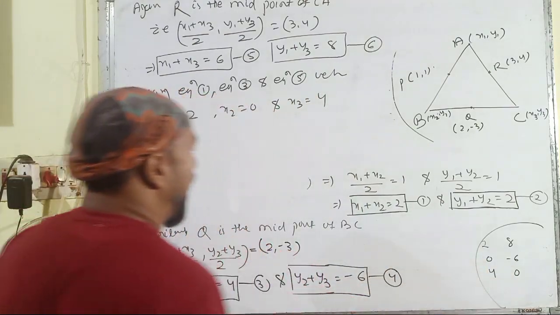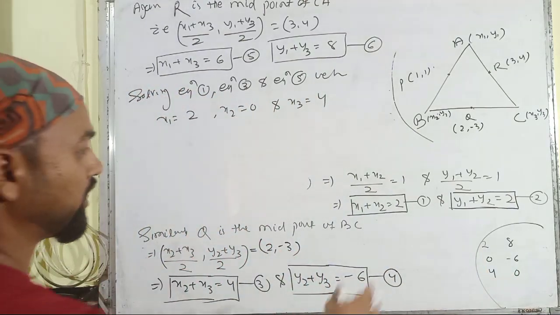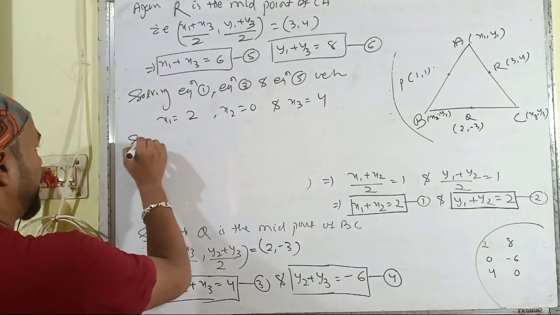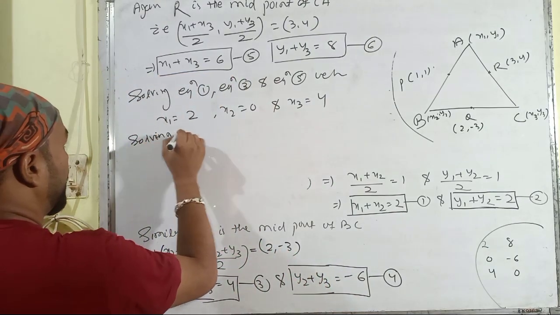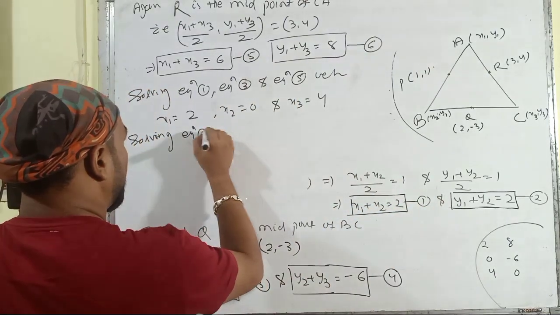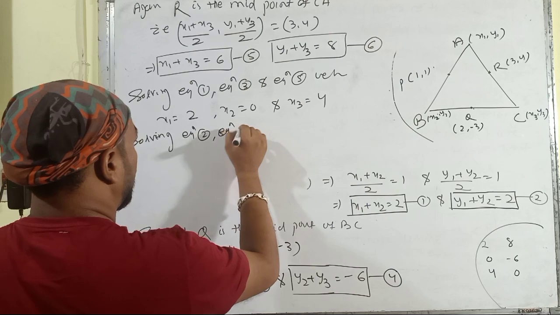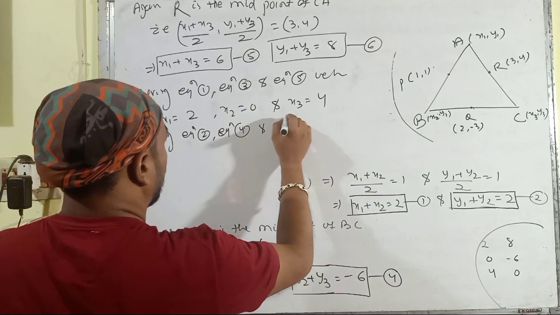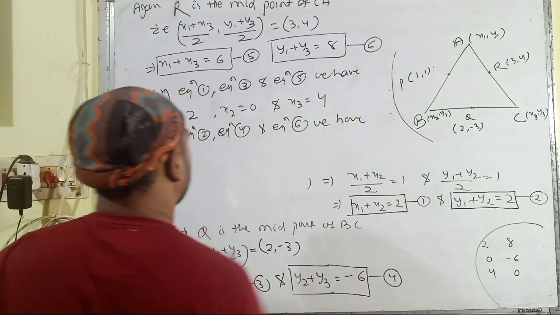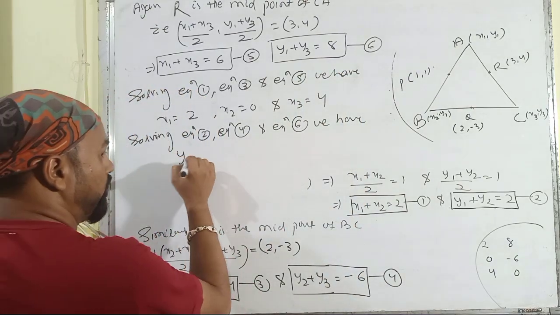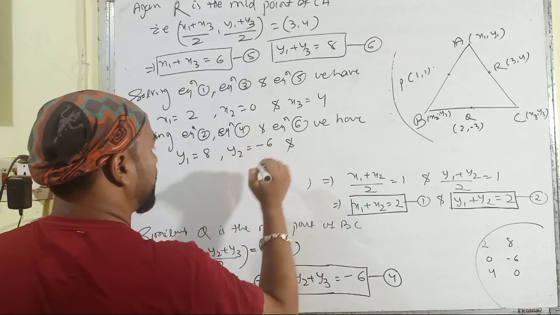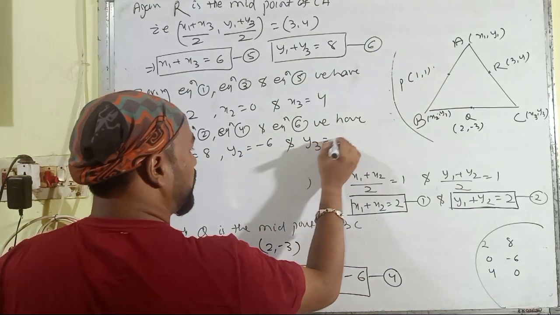I have solved this problem earlier, so I have taken this to speed up. Solving equations 2, 4 and 6, y1 is equal to 8, y2 is equal to -6 and y3 is equal to 0.